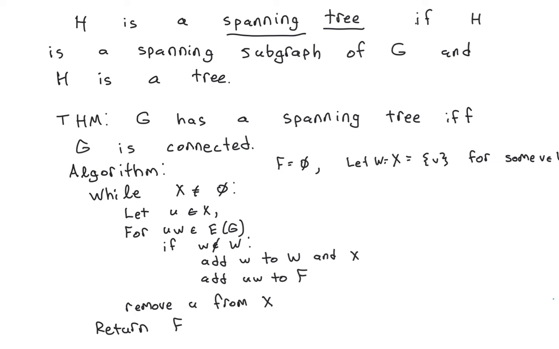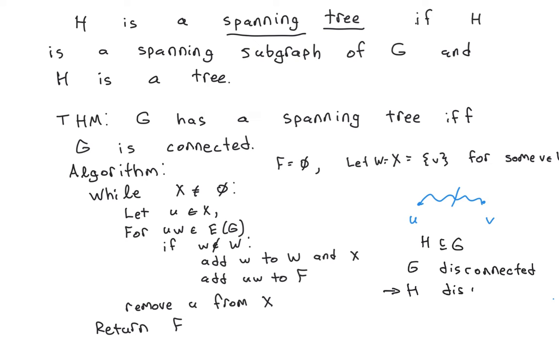First, if your graph is not connected, then there exist two vertices U and V such that there's no way to get from U to V. Then similarly, in any subgraph of G, you still can't get from U to V. So if G is disconnected and H is a subgraph of G, then H is disconnected too.